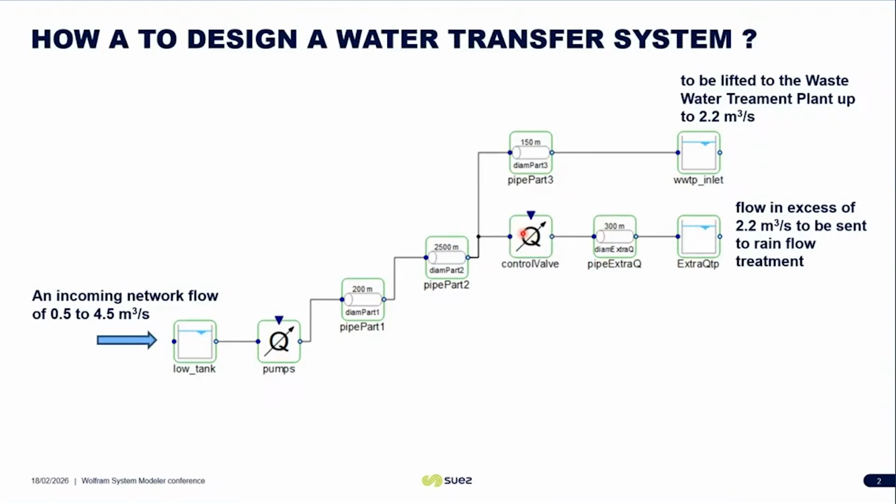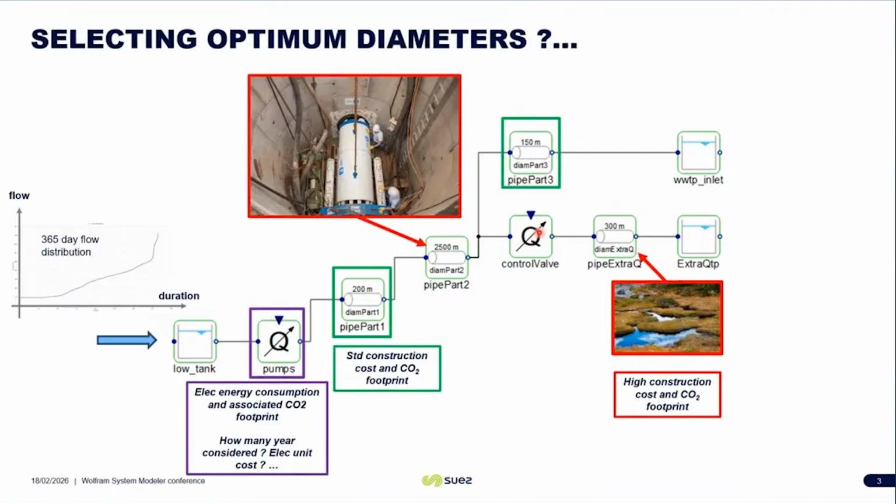So we need a control valve. At this stage, it looks obviously like a Modelica System Modeler diagram, and it eventually is. At this stage, it's not real pumps, not real valves, it's just ideal flow sources. So we have, I would say, a kind of architecture, but not a design yet. And Pedro will tell you more.